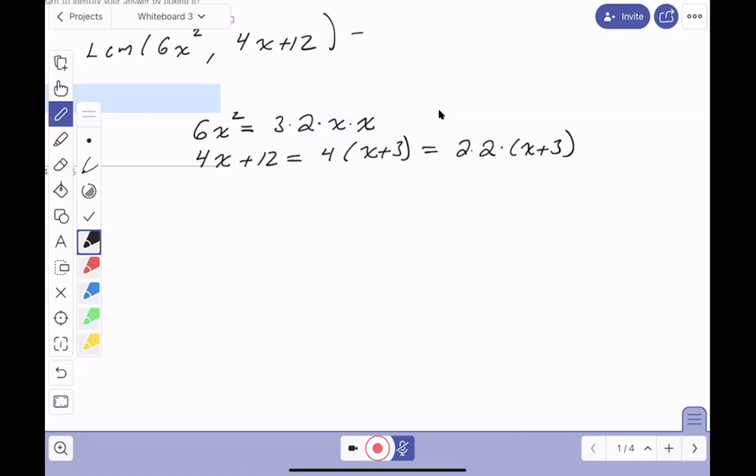Now, the LCM must contain those factors. I like to go in order, and the first thing I see is 2. I'll write that down. It must contain it. The other factor I see is 3. The other factor I see is x plus 3.